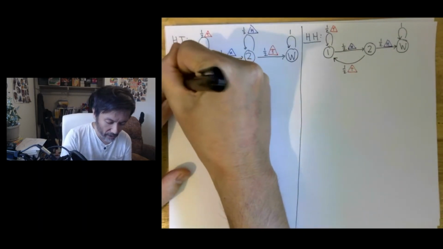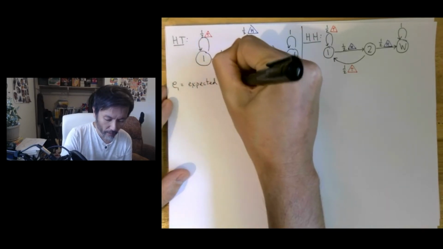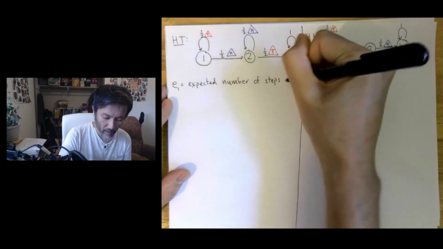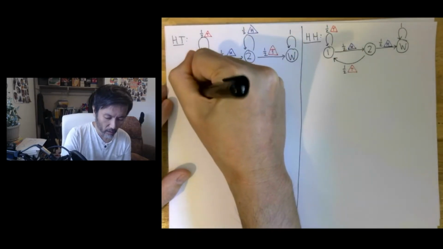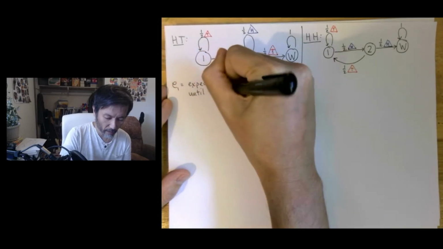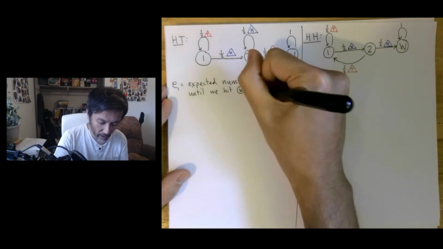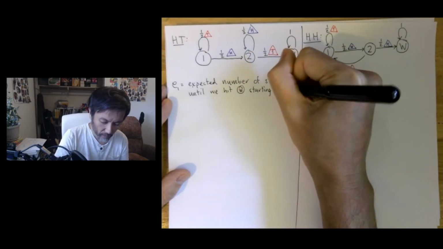So E sub 1 is going to be the expected number of steps until we hit state W starting from state 1.